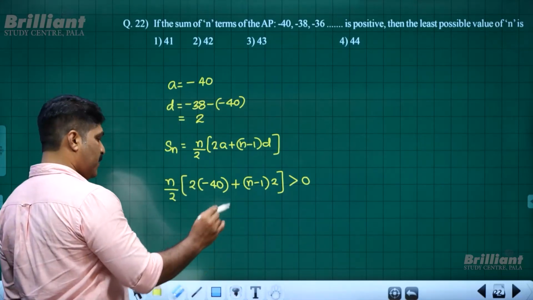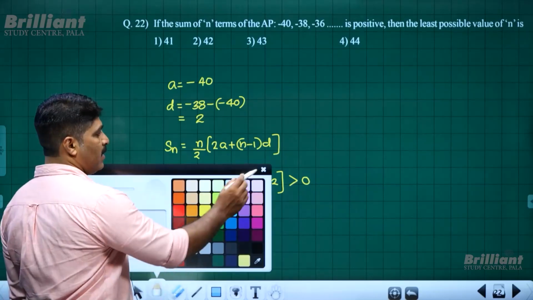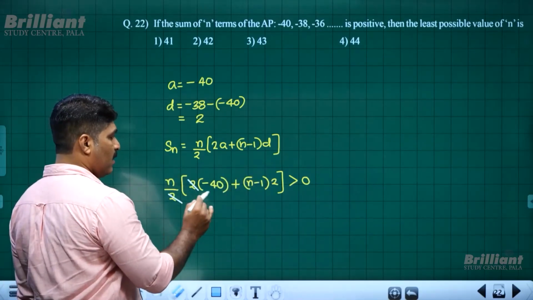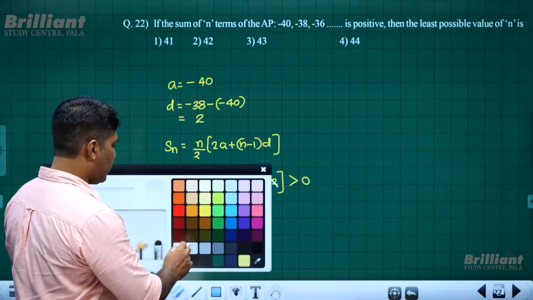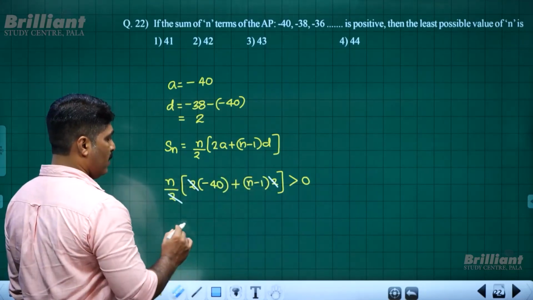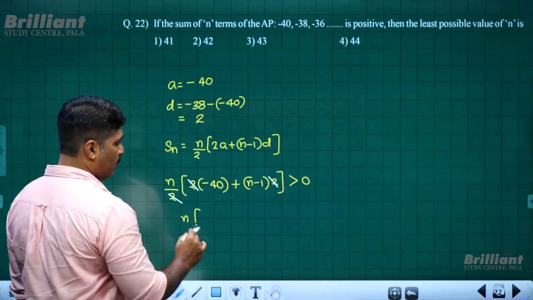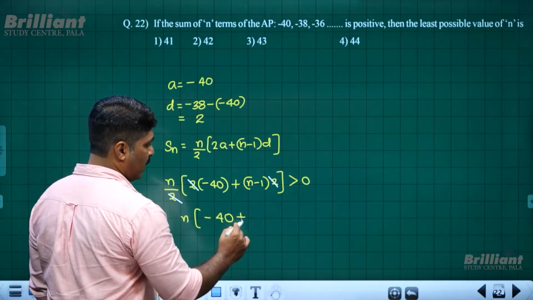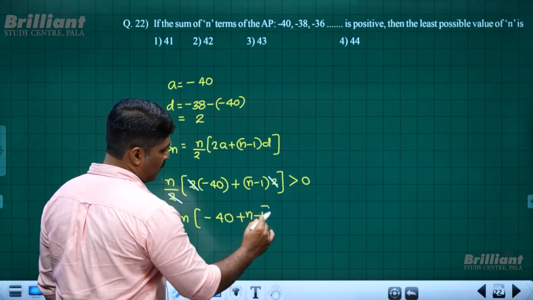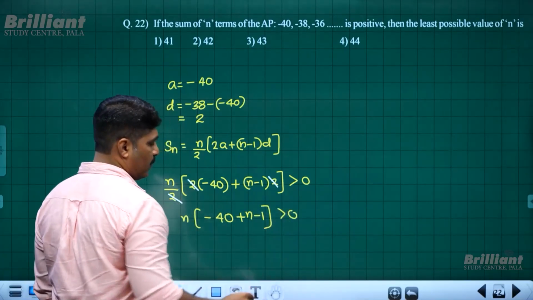While observing this expression, we can cancel these 2's. Then we can combine it together. Here it will become n into minus 40 plus n minus 1, and this is greater than 0.